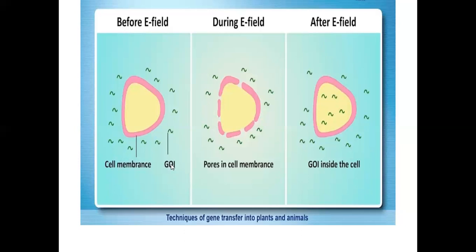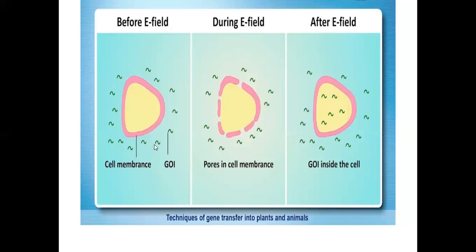When we select the GOI, gene of interest, and target plant cells, these two are mixed in one mixture, and the small chamber is used as an electroporation chamber.